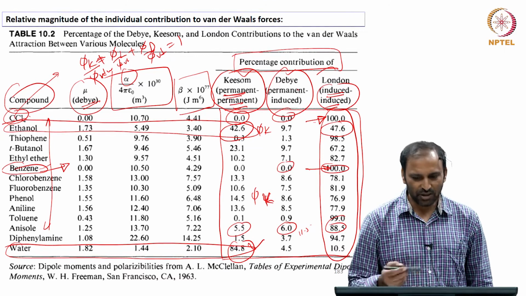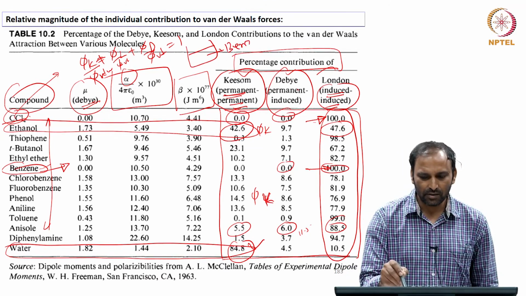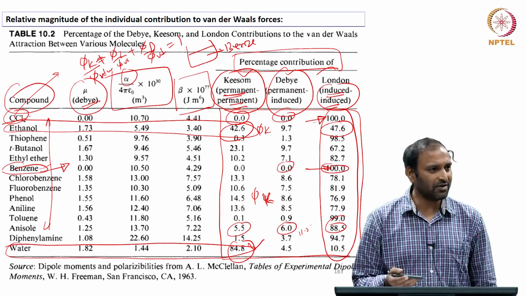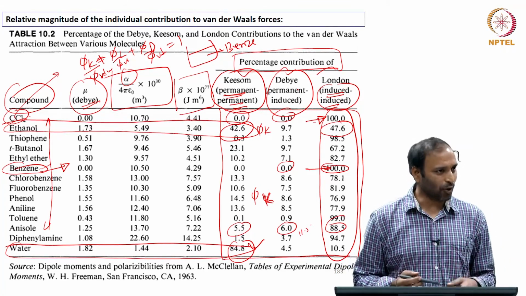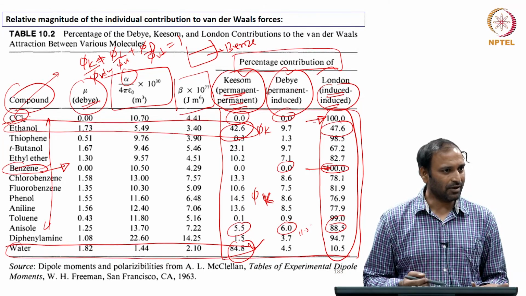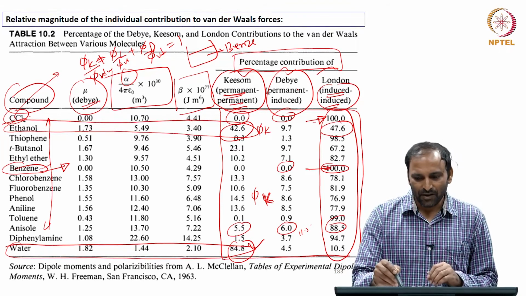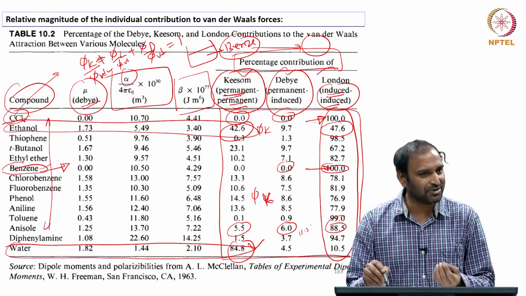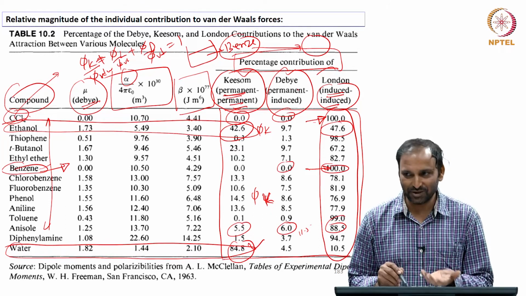That means, if I have a container which has benzene, every benzene molecule will only see other benzene molecules, but the fact that they are also neutral, it is not that one benzene molecule will come near another benzene molecule and it will induce the formation of a dipole.